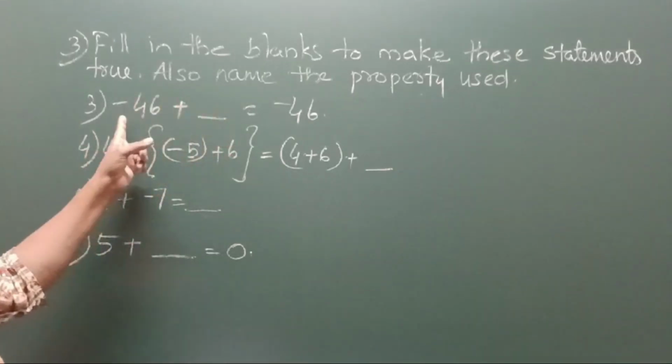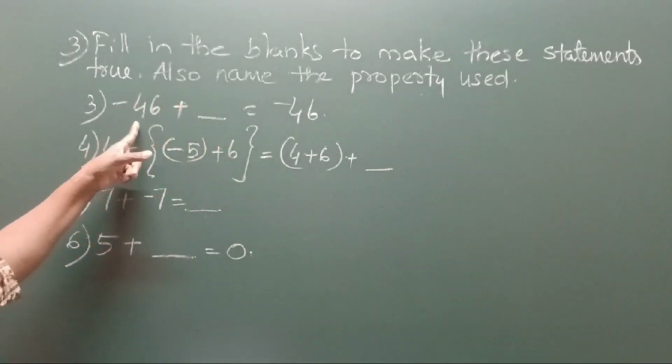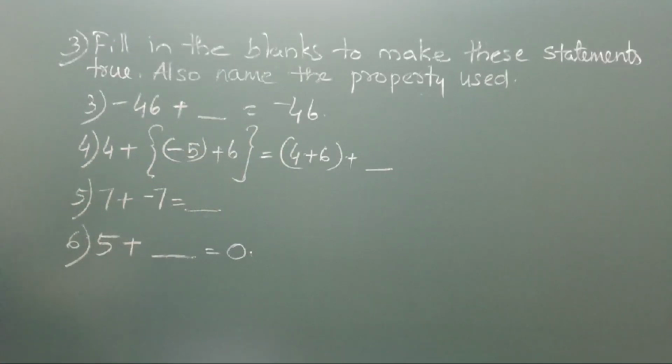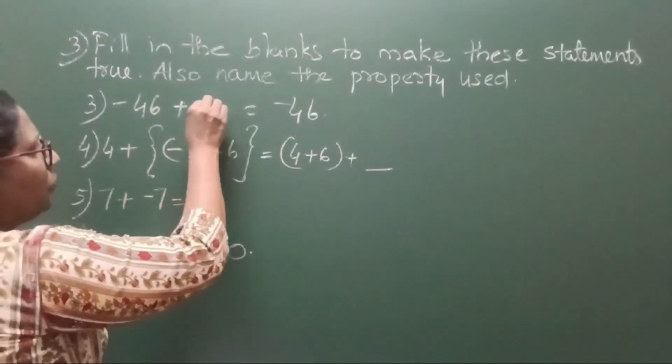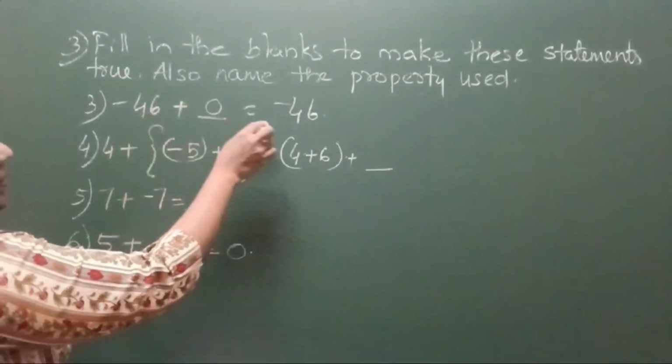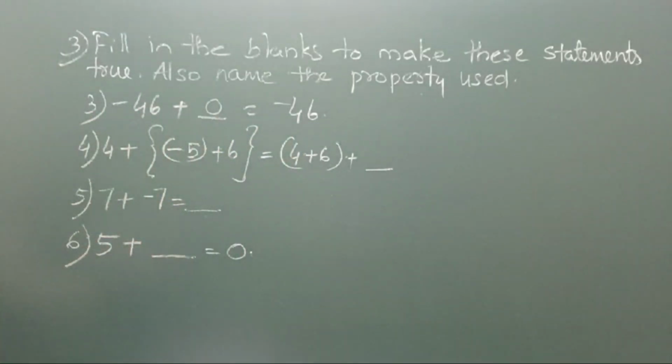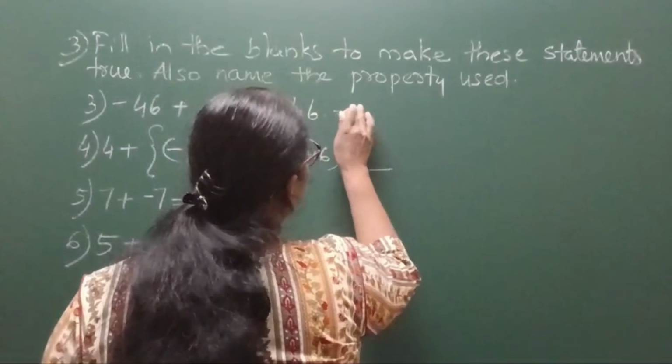So here the question is minus 46 and the answer is also minus 46. That means we have to add 0 to minus 46 and then only we get the same integer. So which property is it? It is additive identity.